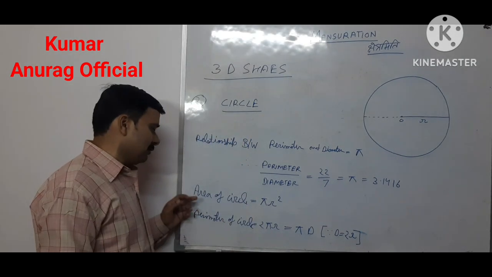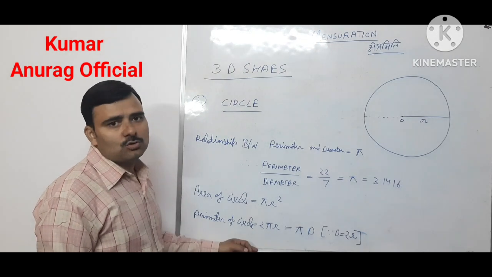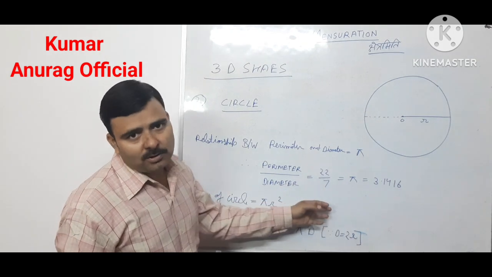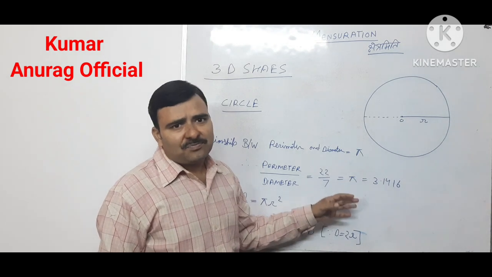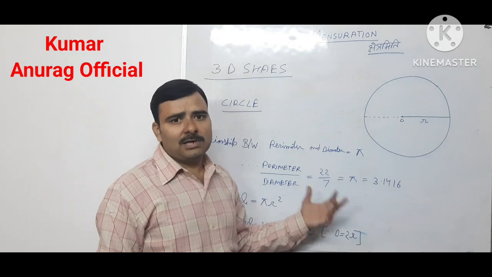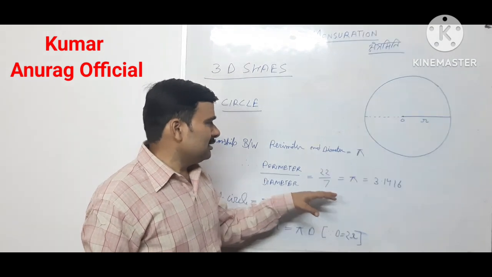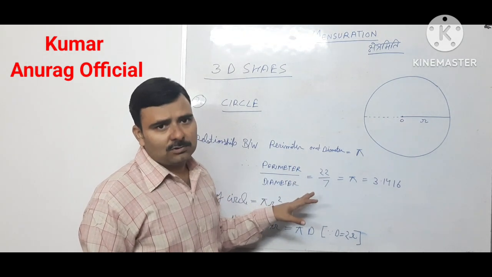So we have two formulas: the area of a circle is equal to pi r square and the perimeter of a circle is equal to 2 pi r, and the relationship between perimeter and diameter is 22/7. Those are three important things about the circle. Now if we have any problems and we have the values, then we can find the solutions after putting the values in these formulas. Okay.